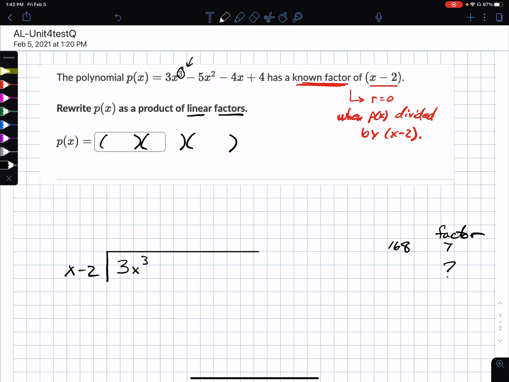The first thing you do is divide 168 by 7, and you get 24. Then you can start to parse 24 apart, and that's not too bad because 24 is a much more manageable number. Same tactic here with this cubic: we're going to divide the cubic by the known factor in order to get some quotient that we know we'll be able to work with and factor further.